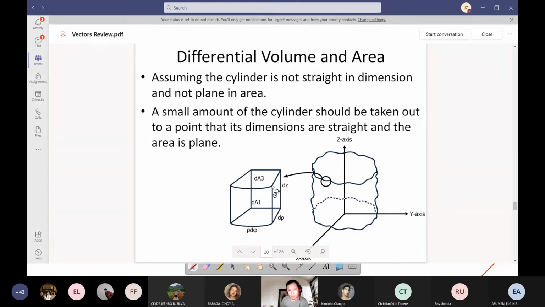So you have here a curve. Okay, this curve is because of this one, because the base is circular. Okay? So there is a curve.